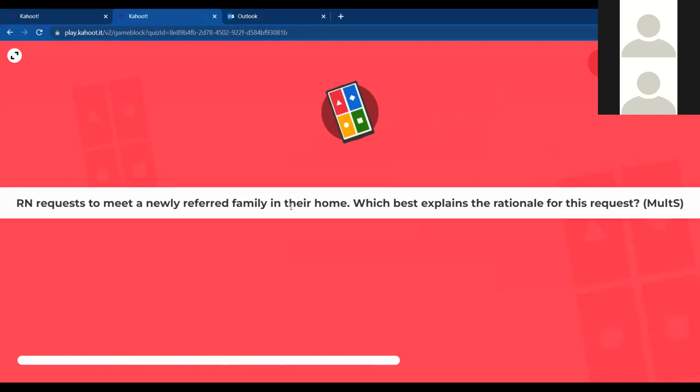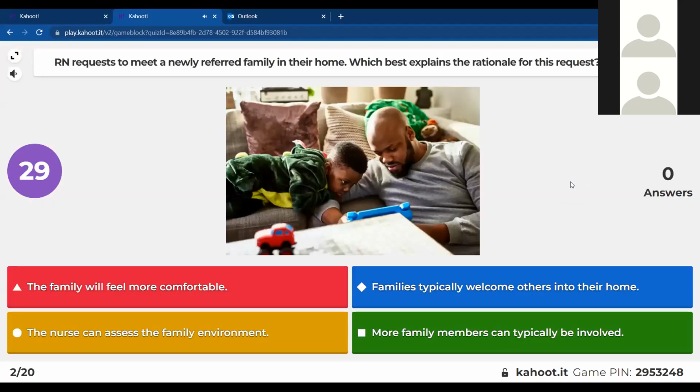Request to meet a family in their home. Explain the rationale for this request. Family will feel better. Families typically welcome others in their home. The nurse can assess the family environment. More family members can be involved.